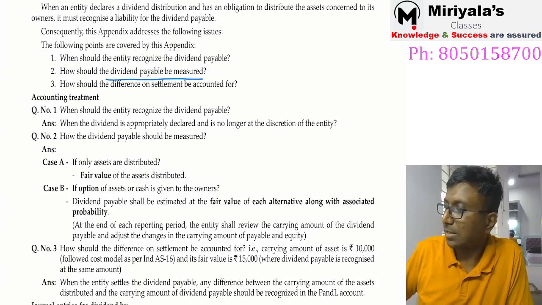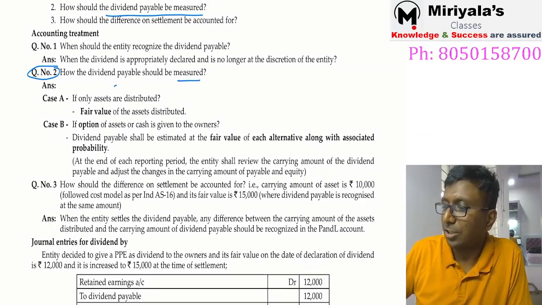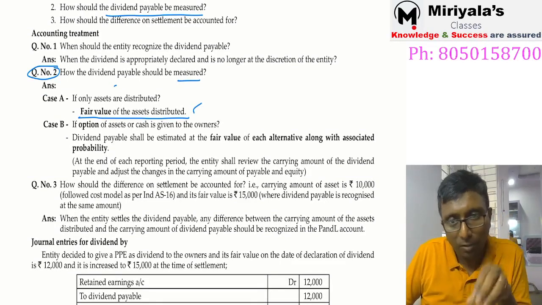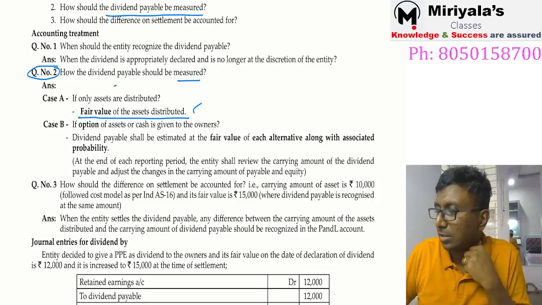Let me go directly to question number 2. How should the dividend payable be measured? If only assets are distributed, the fair value of the assets is to be recognized as a dividend payable. That's it, straight. Fair market value, not the book value, not any other cost.